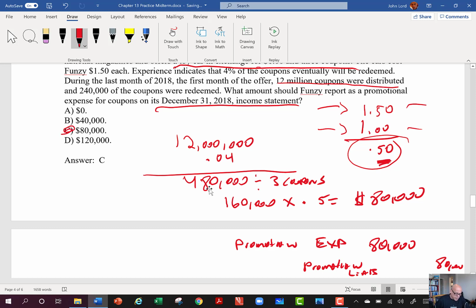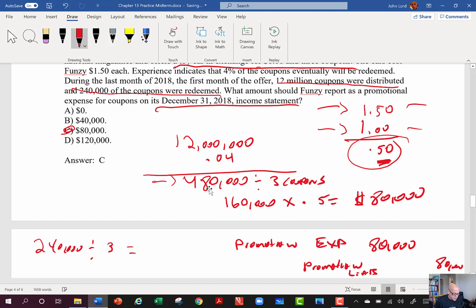Now, you look at that and they say, but John, it says that 240,000 of the coupons are redeemed. Yeah, okay, so of the 480,000 that we're thinking are going to come in, 240,000 were already redeemed. And again, it takes 3 of those to get the car.